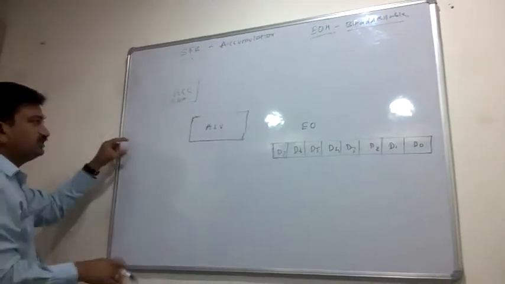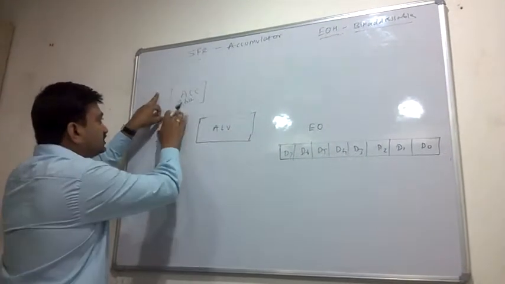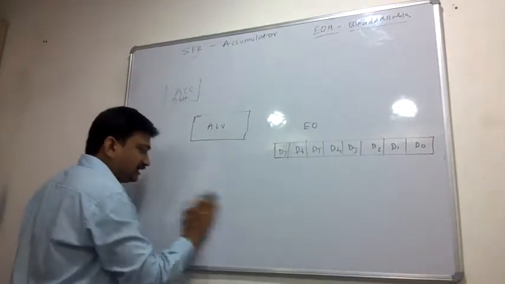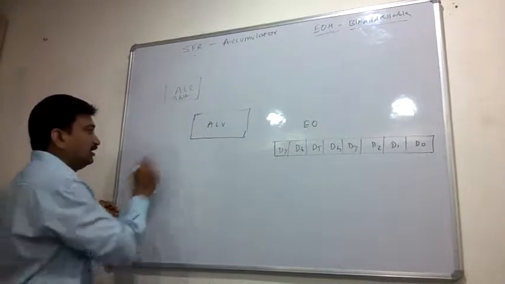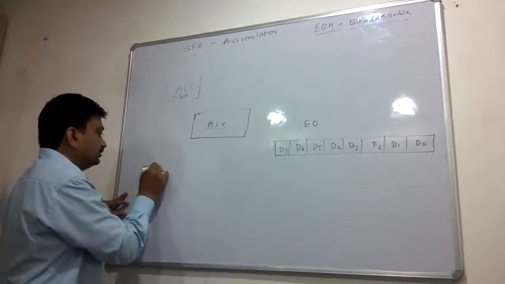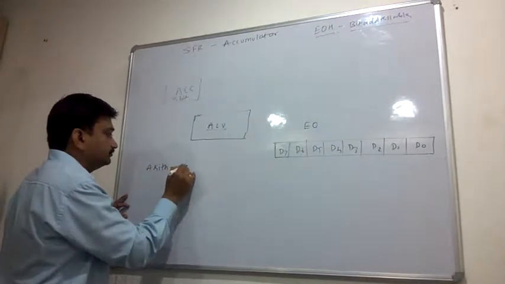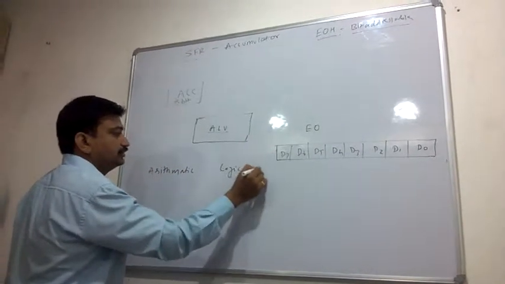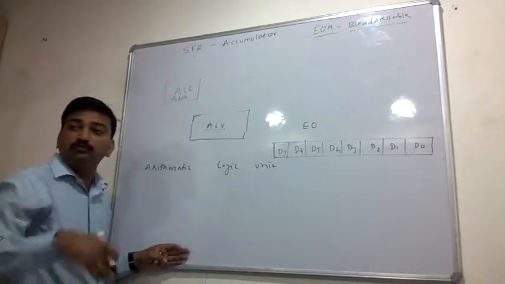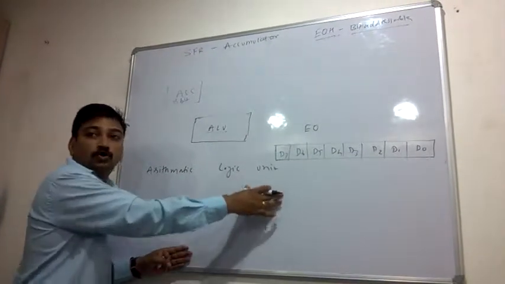First of all, we will see what the function of the accumulator is. ALU means arithmetic logic unit. What is the purpose of the arithmetic logic unit? To perform arithmetic and logical operations.